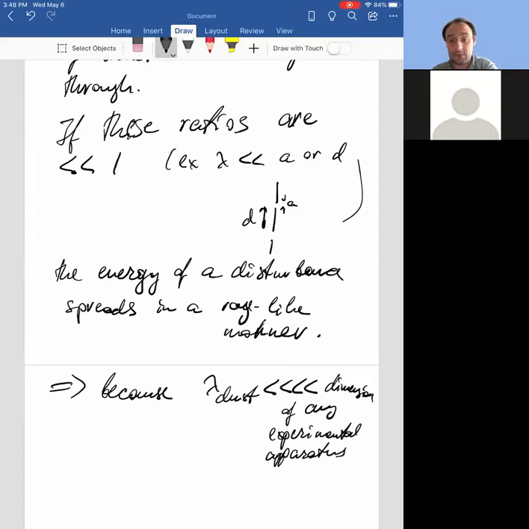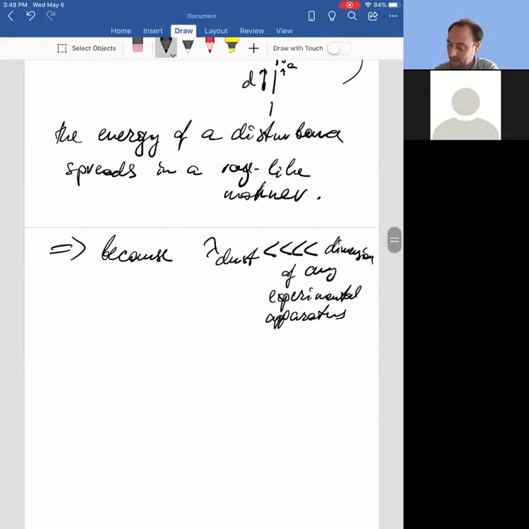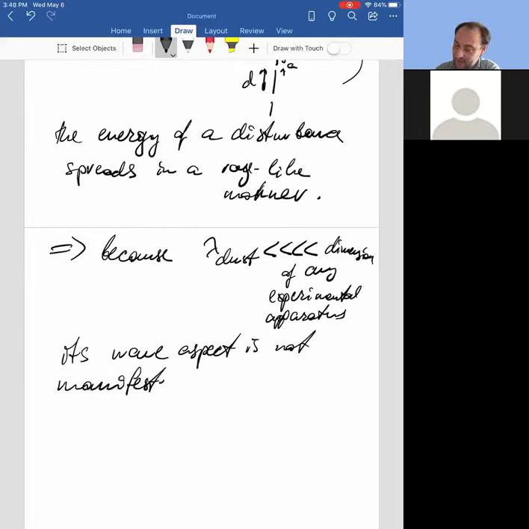We can't build experimental apparati that are that small. Okay, its wave aspect is not manifested.